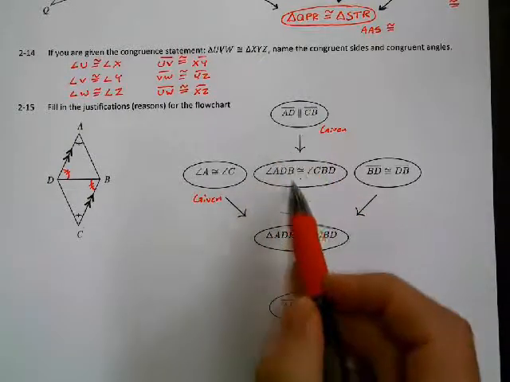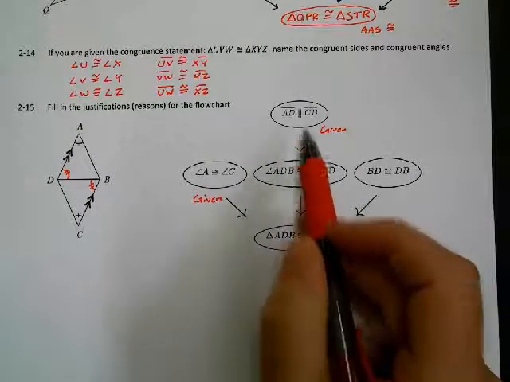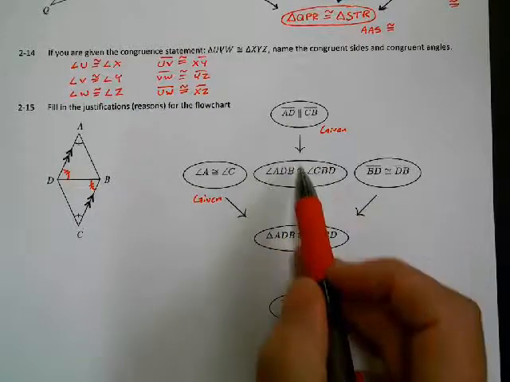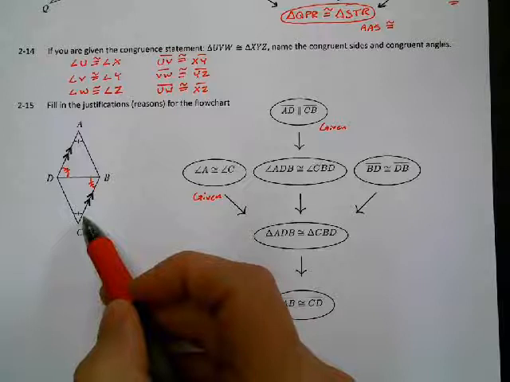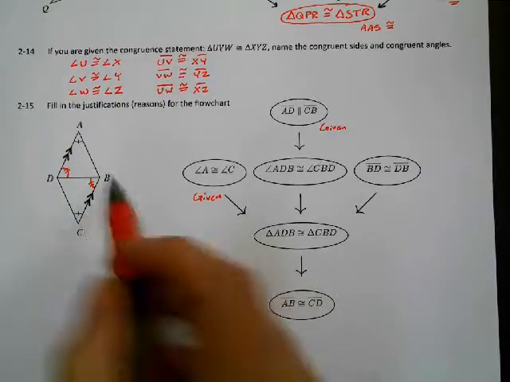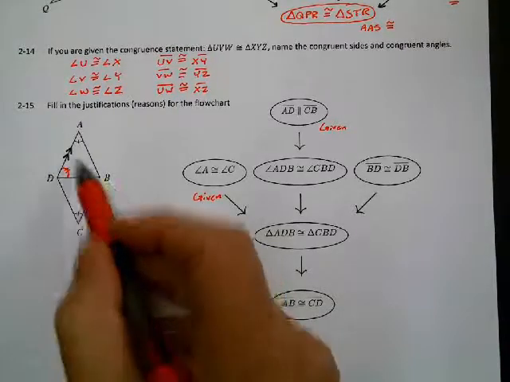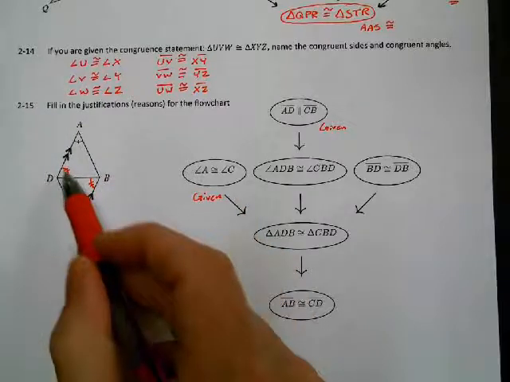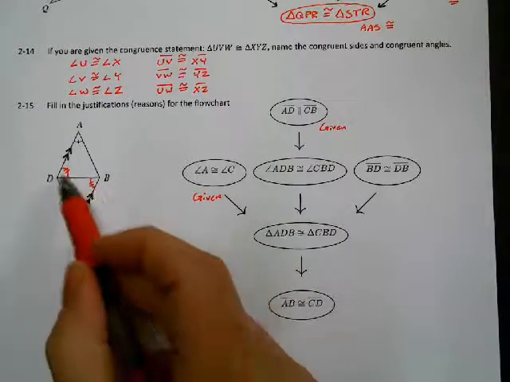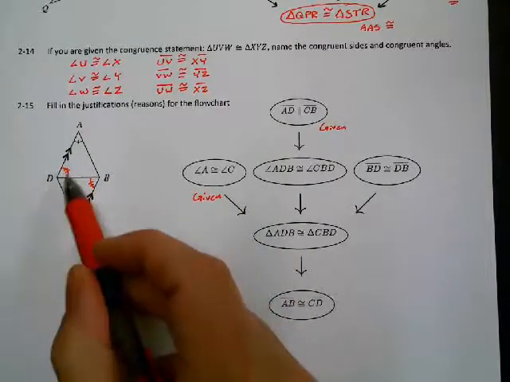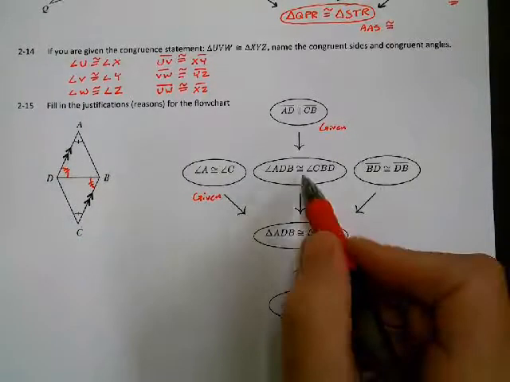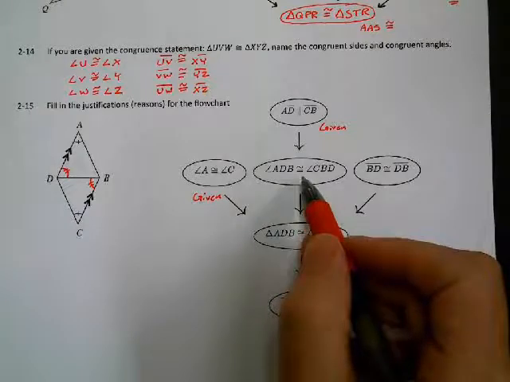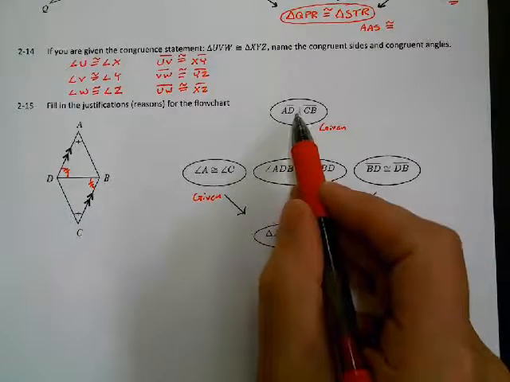It means we're going to use the fact that these are parallel. Now, since these are parallel, we can use our angle pair relationships. This is my transversal, and we've got parallel lines. These two are both on the interior of the parallel lines, and they're on different sides of the transversal. Those would be alternate interior angles. So they're saying that these are congruent because when the lines are parallel, alternate interior angles are congruent.